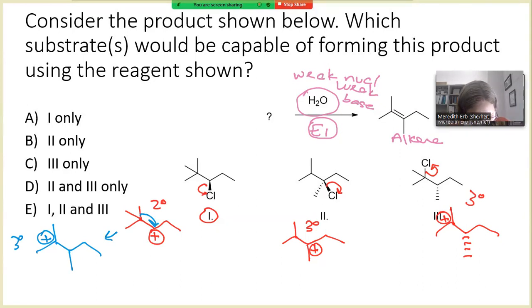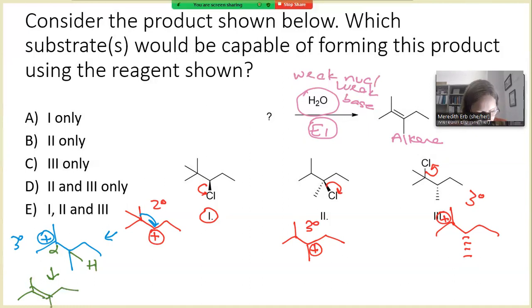Okay, from here, we need to think about, can we form the tetrasubstituted alkene that was shown as the answer for this reaction? And the key to that is thinking about where are the beta carbons and are there beta hydrogens present? So here's our original alpha, and it does have a beta hydrogen there that we can remove to form the desired alkene product, like so.